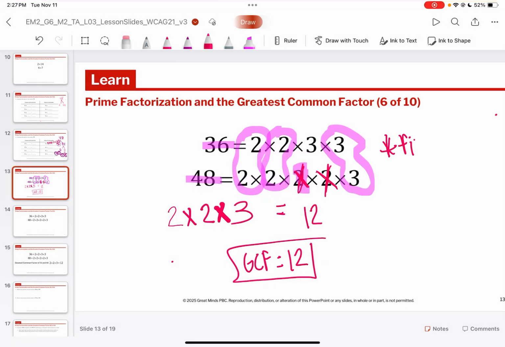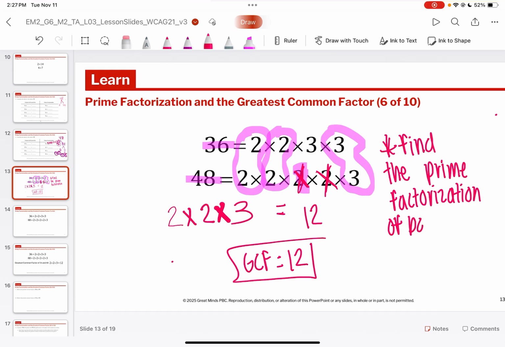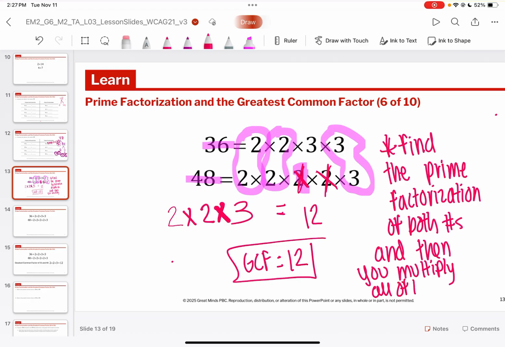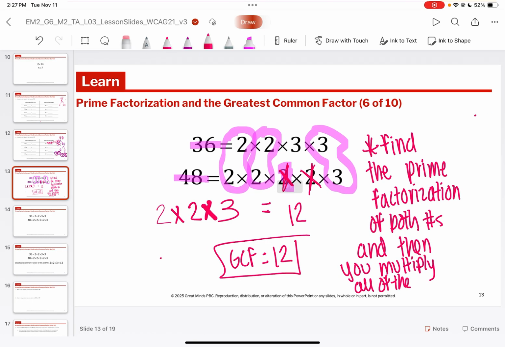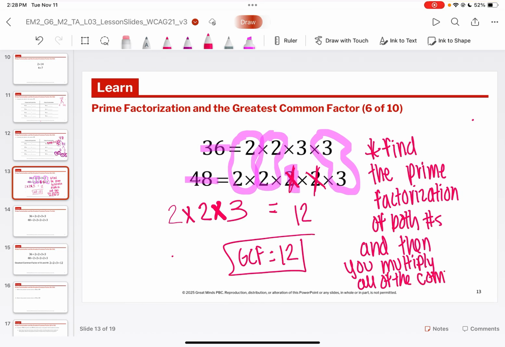You find the prime factorization of both numbers, and then you multiply all of the, and I like to say common pairs.